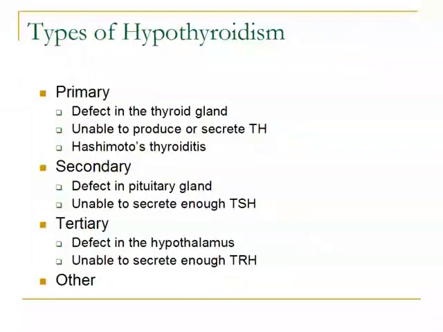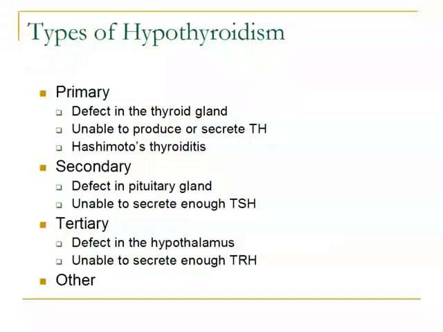One would be primary, and an example of that is where there's a defect in the gland itself where it can't produce or secrete thyroid hormones. And probably one of the most common causes of that is Hashimoto's thyroiditis. There's a very nice workup in your book, so you can read a little bit more about that in your textbook.